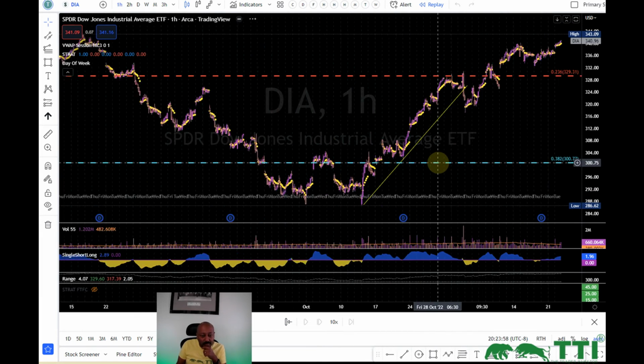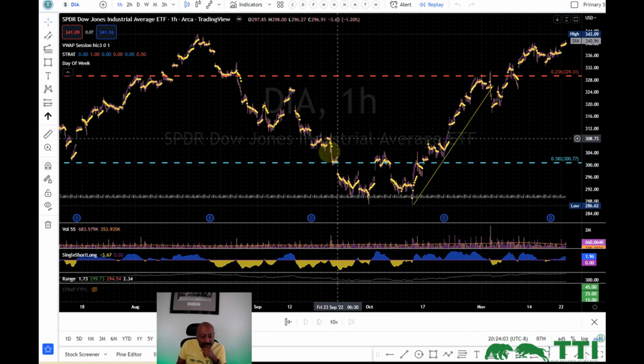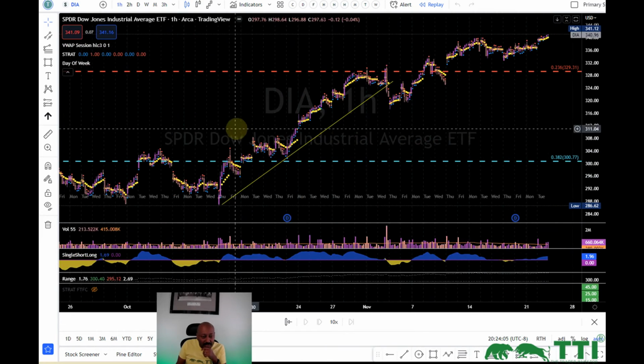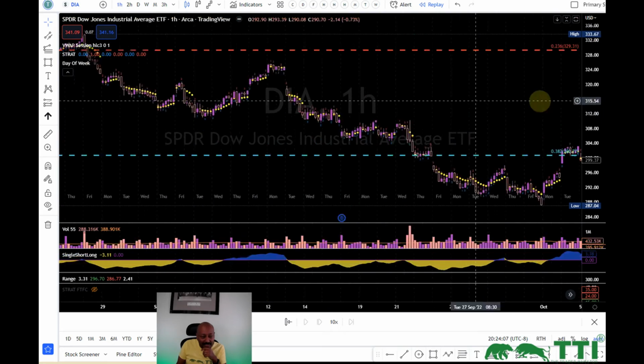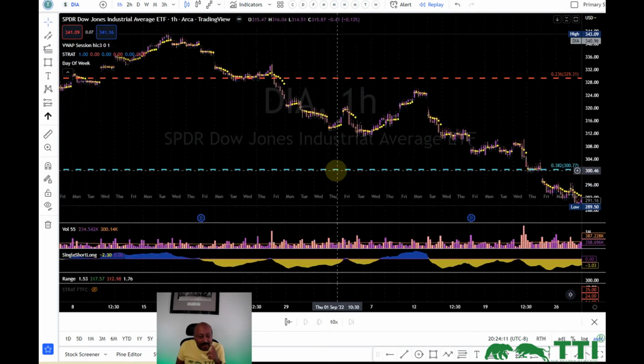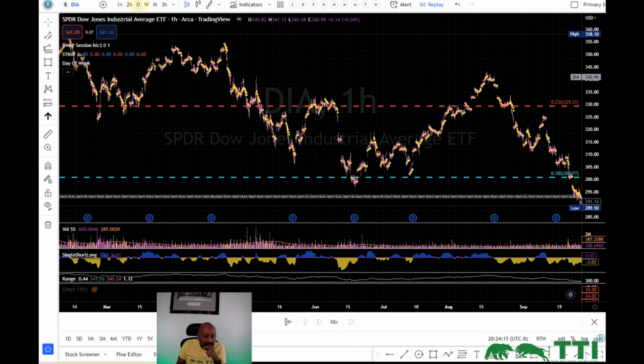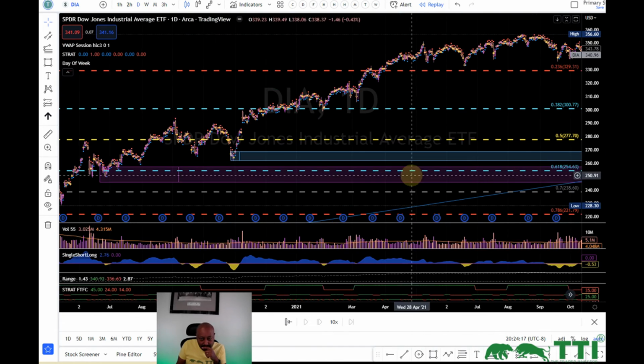But the point is, when price comes to an area of value, how do you find an entry to take the trade? So here's a good example, Nabi. Let's go here.